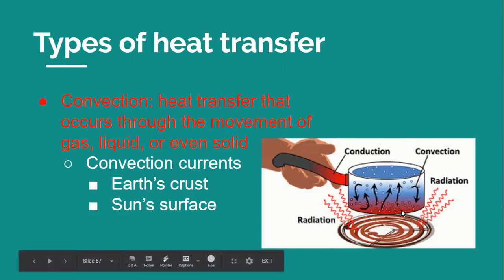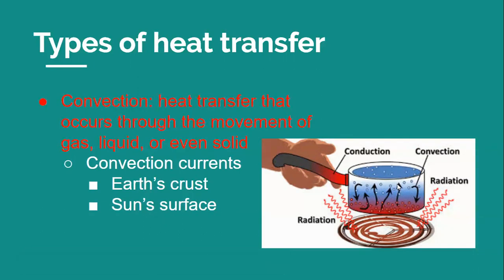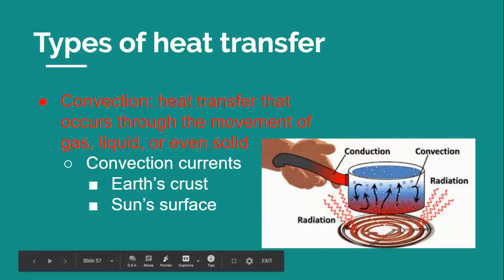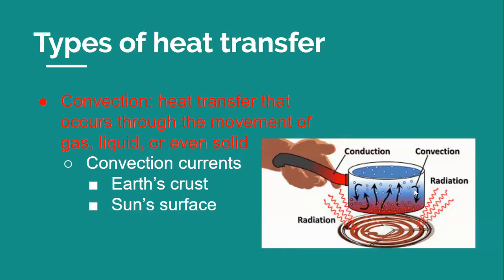So that hot material is going to go up because it is less dense. Then it's going to cool down at the top, become more dense, and flow down. This creates the circular path, from the bottom up and then back to the bottom.